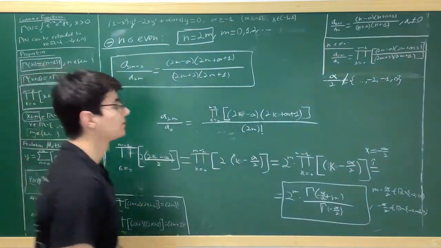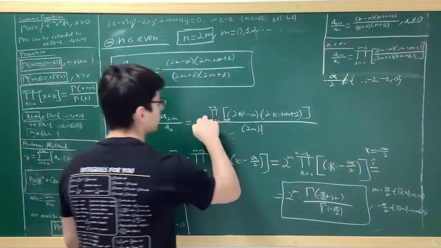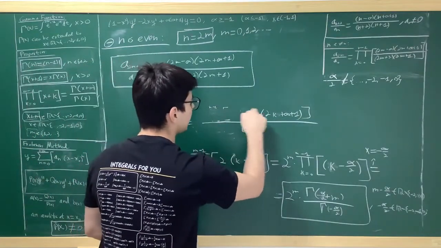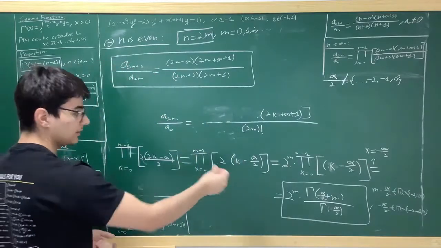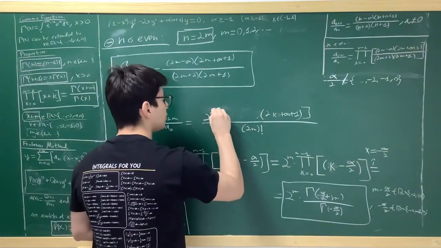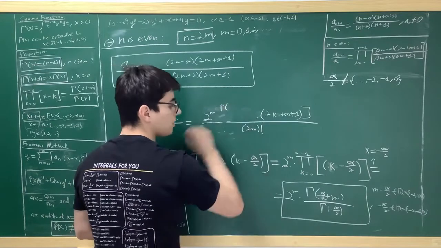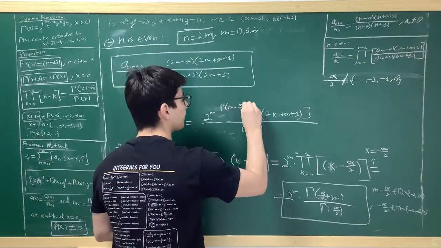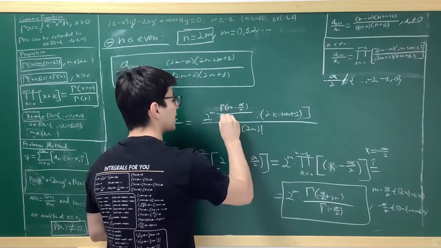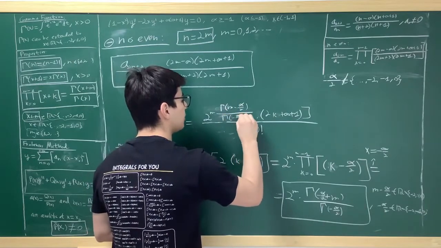In that case, we can substitute this first multiplication by that expression, which is just 2 to the n gamma of n minus alpha over 2 over gamma of minus alpha over 2.